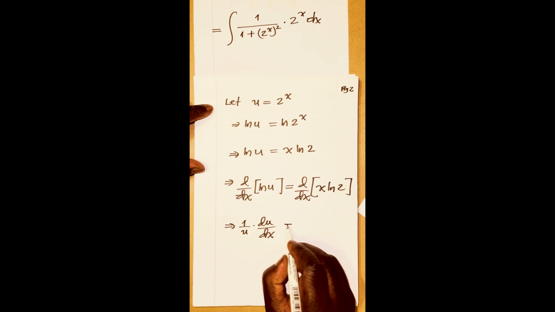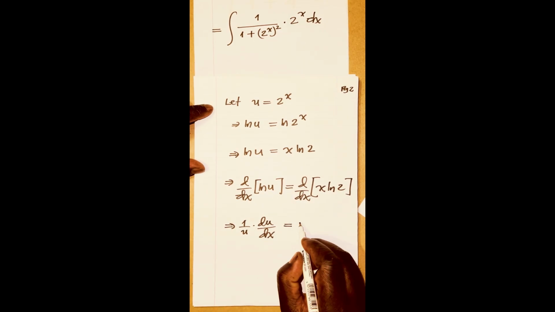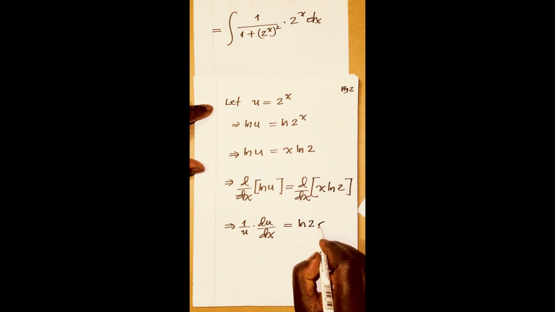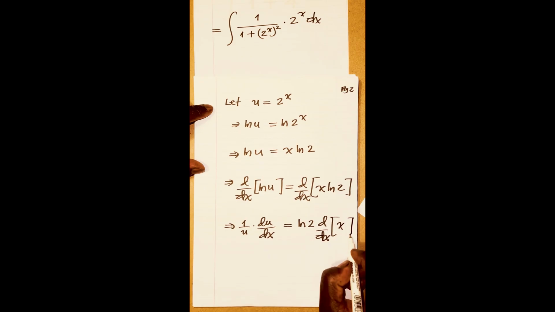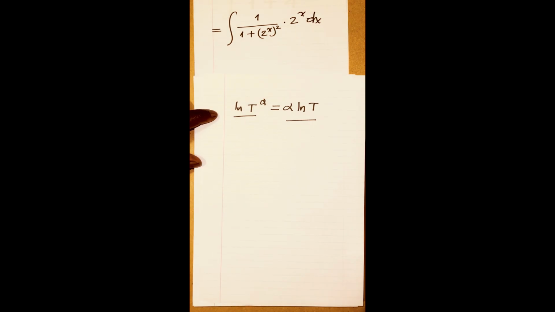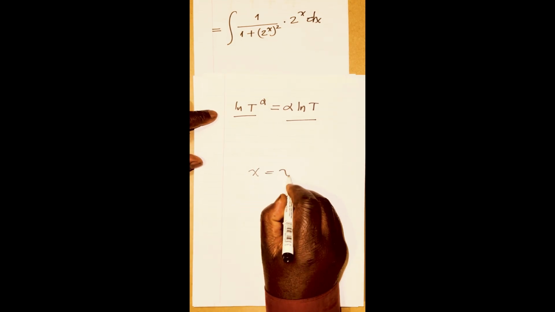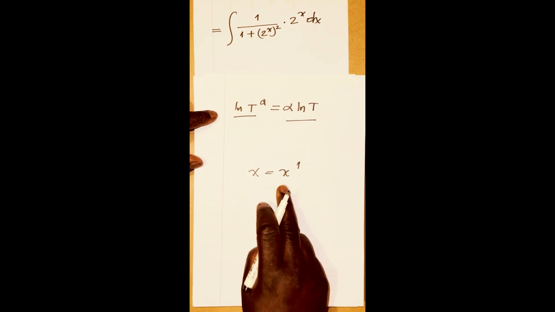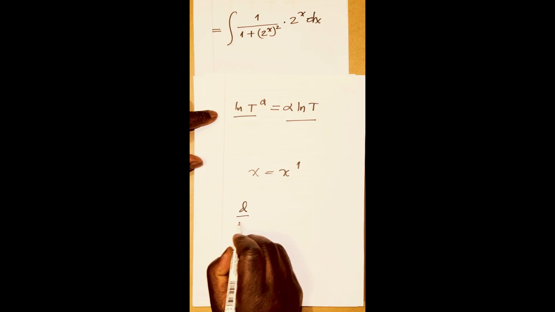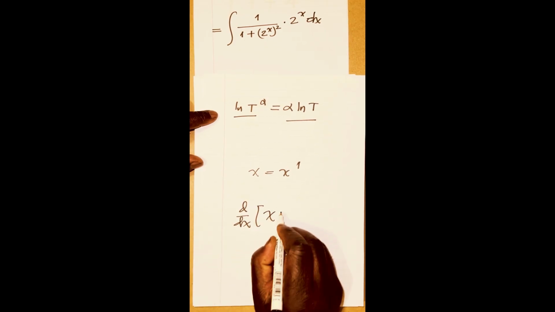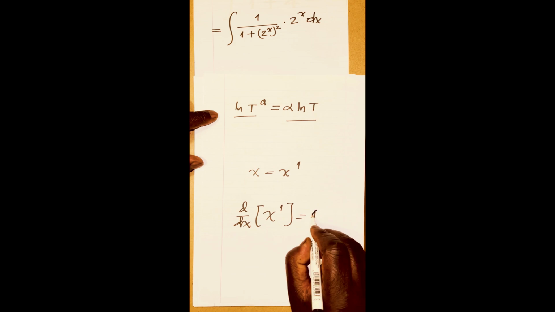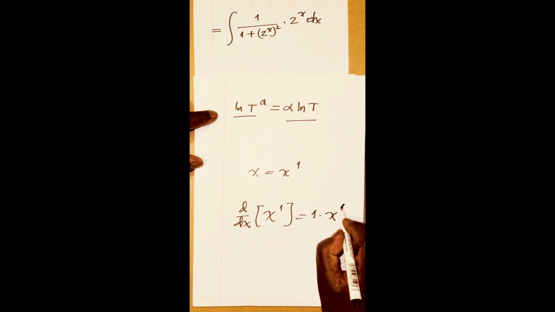On the right hand side, remember, natural log of 2 is a constant, take it out. Natural log of 2 and then times the derivative with respect to x of x. Remember, here we use the power rule. And how does it work? If you allow me to use this page, x, remember, is the same as x to the power 1. And when you differentiate the derivative with respect to x of x power 1, you take the power, multiply, and then reduce the power by 1.